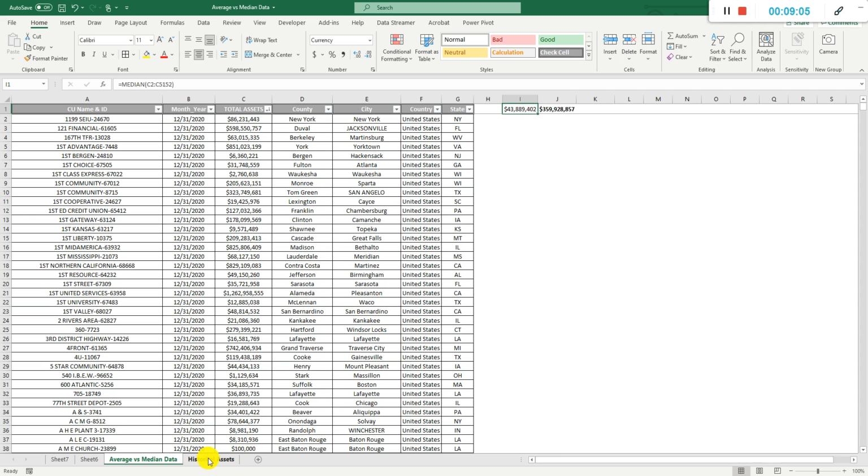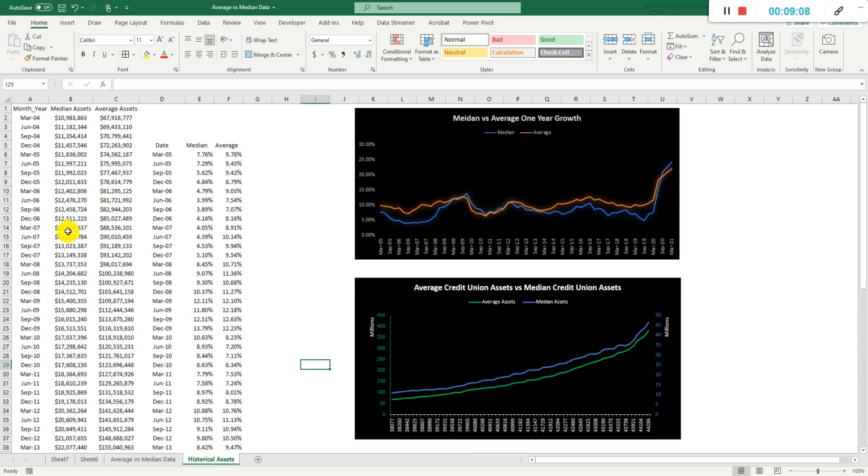Okay, so in this sheet, I have historical data for the median for quarterly values, as well as the average assets. This chart shows how the average has been increasing, the line in green, and of course the y-axis is much higher than the y-axis of the median.